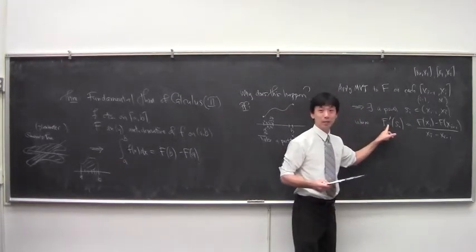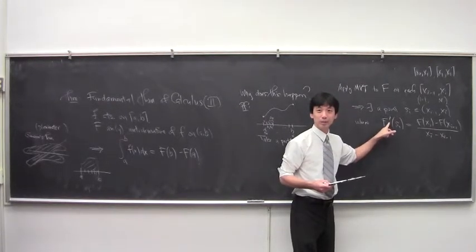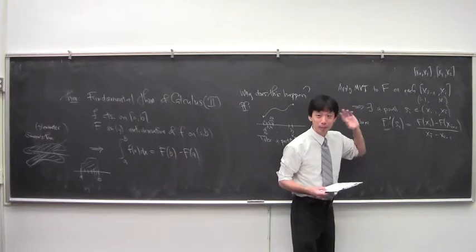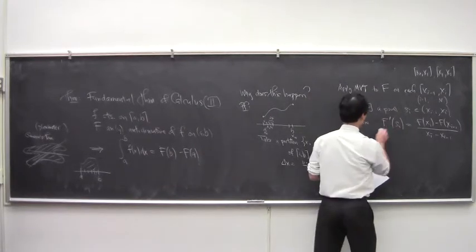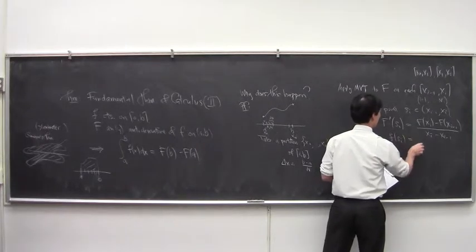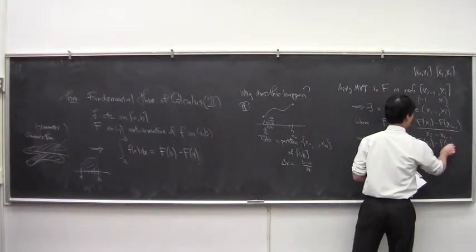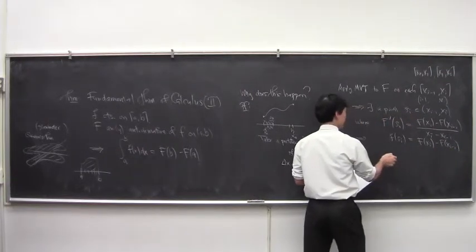What's F prime? Capital F was chosen in a special way so that capital F prime is little f. So this tells us that little f of s_i equals capital F of x_i minus F of x_{i-1} over x_i minus x_{i-1}.